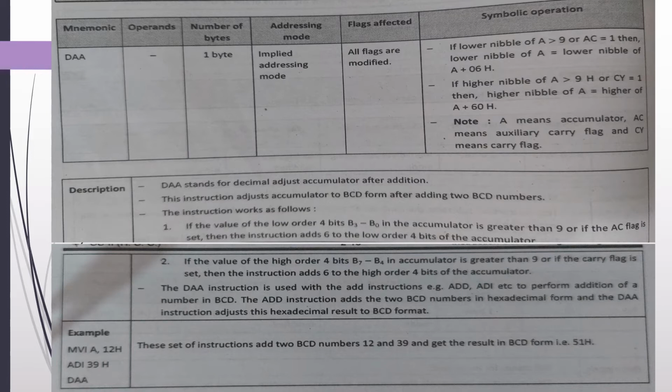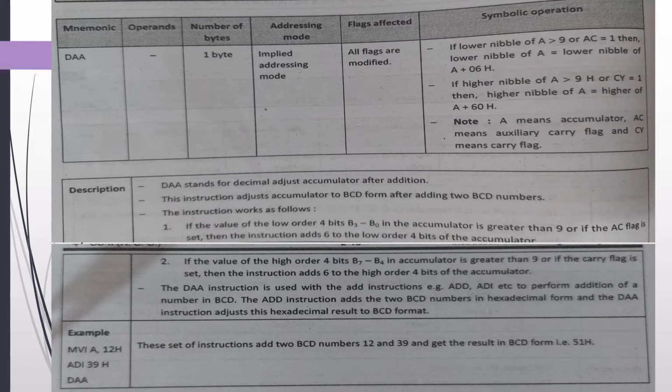One point you need to remember is that decimal adjust accumulator always has to follow an addition instruction. The rules are: after addition, if the lower nibble of the result is greater than 9, or if it generates an auxiliary carry, then you have to add 06 to the result.